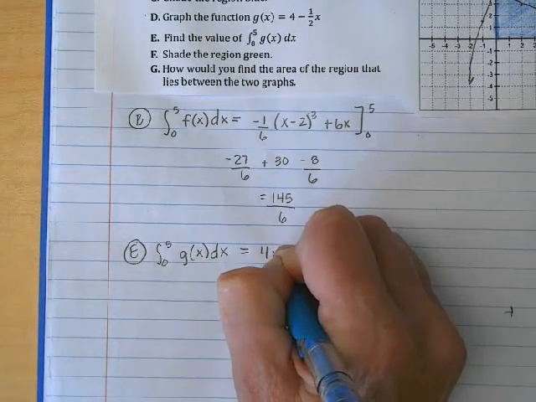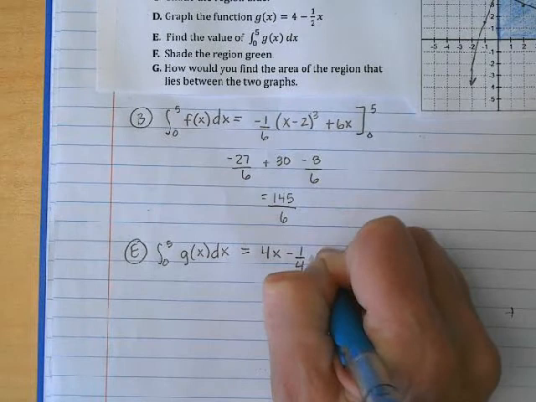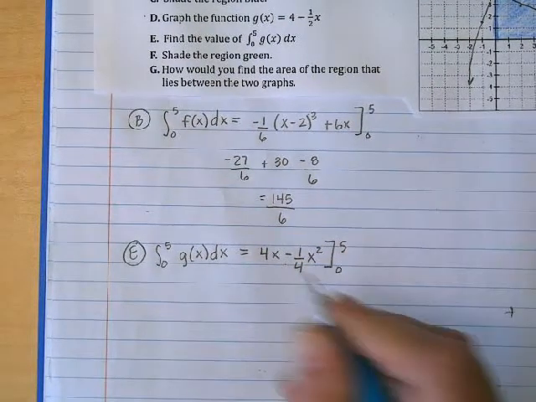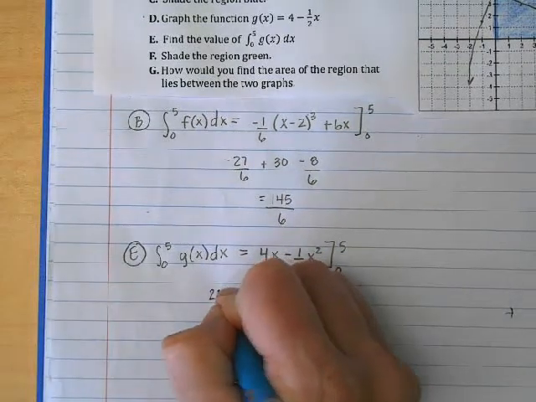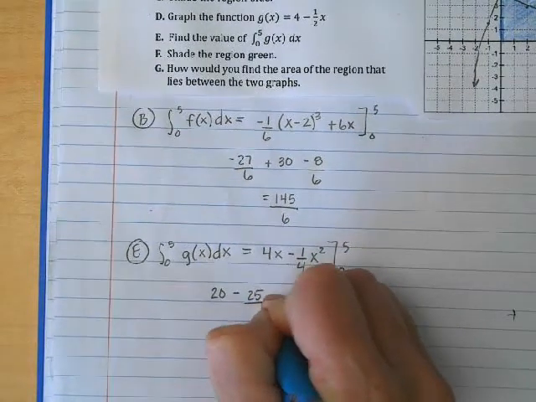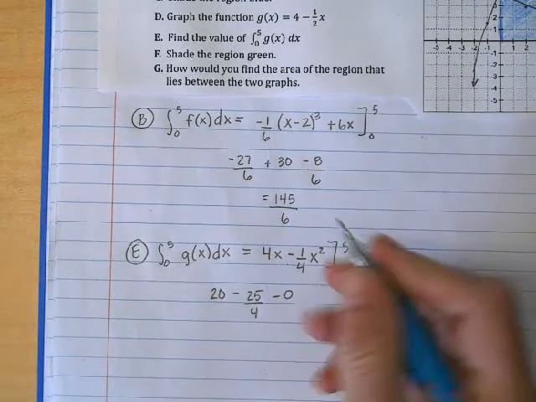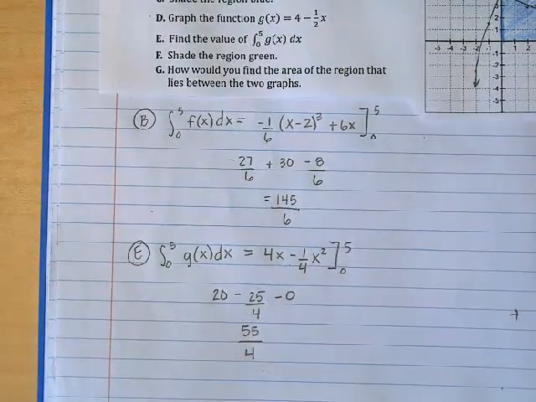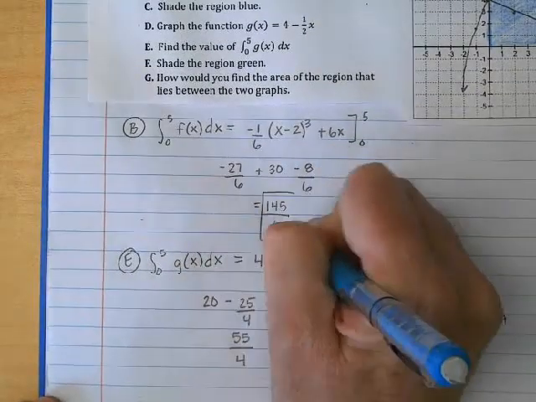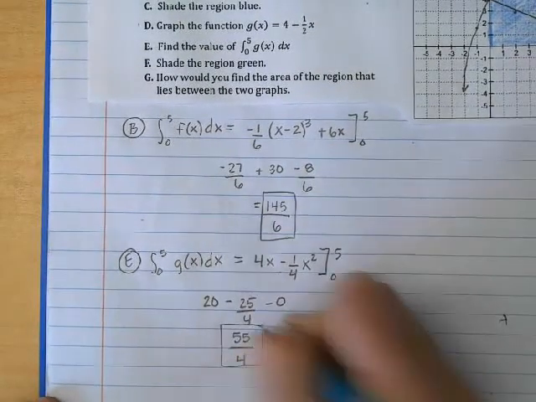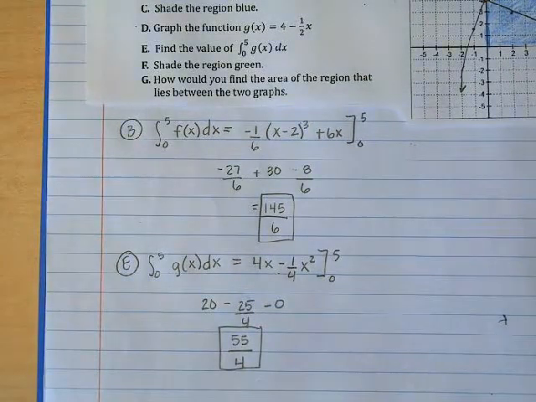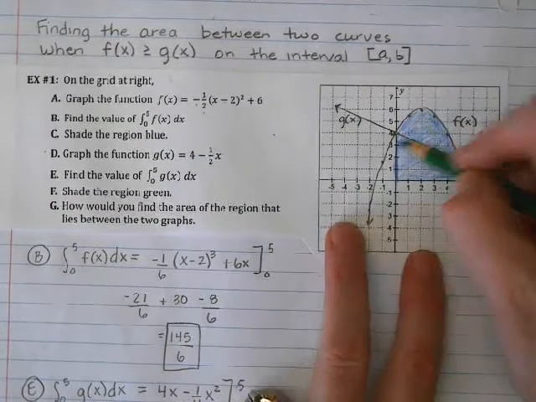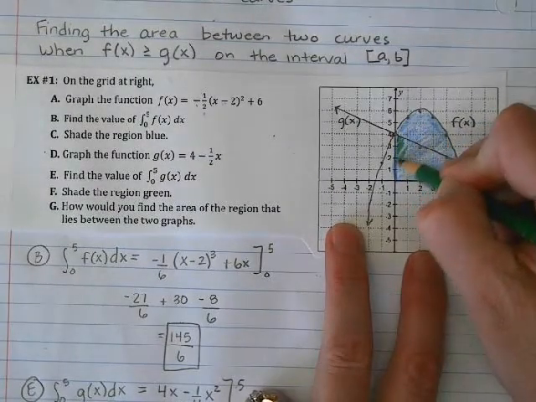And that will just be 4x minus 1/4 x squared, 5 to 0, 20 minus 25 fourths minus 0. It's going to give me 55 fourths. Okay. Now they want us to shade that region green. Okay, so that was this right in here.